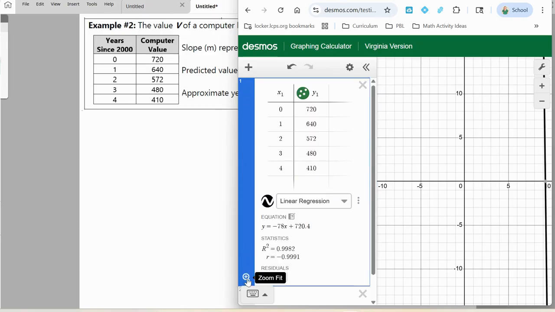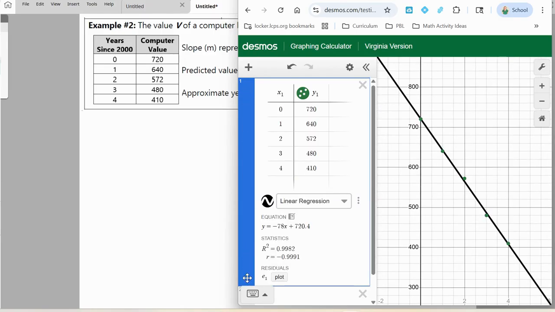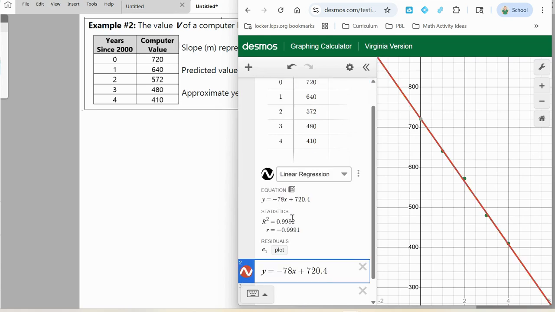And of course, I want to zoom fit with that little magnifying glass to actually see my data. So that's going to go ahead and be my linear regression. As a reminder, this is my equation here. Y equals negative 78x plus 720.4. Remember, I can click that button to copy it down to be able to use it.